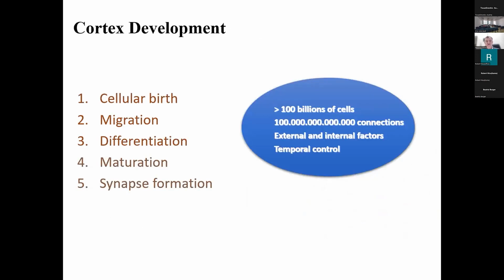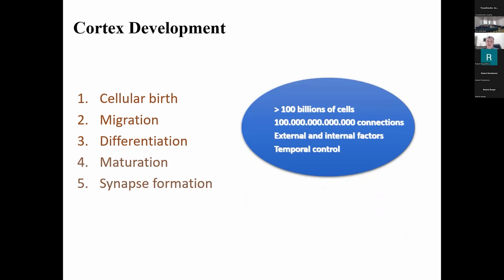This is an extremely nice model because it shows you all what you would also be interested in in vivo, such as proliferation, migration, differentiation, maturation, and also synapse formation, that you can analyze by using tissue cytometry.